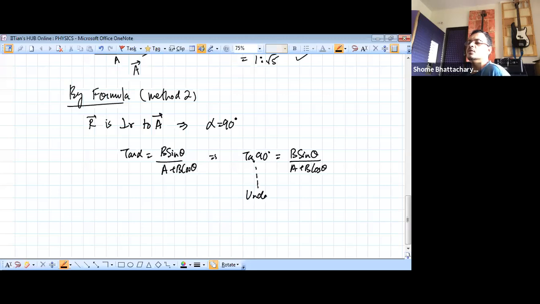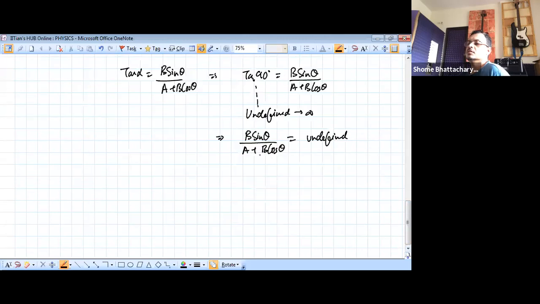It is an undefined quantity. It is undefined heading to infinity. So that means B sine theta upon E plus B cos theta कितना होना चाहिए? Undefined होना चाहिए. So that means the denominator of this must be 0.